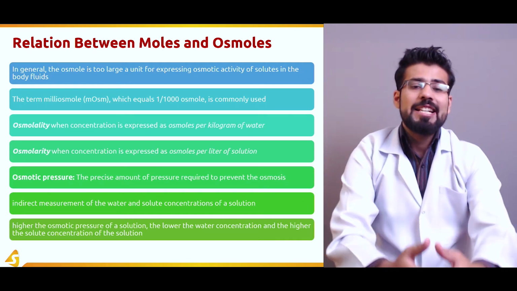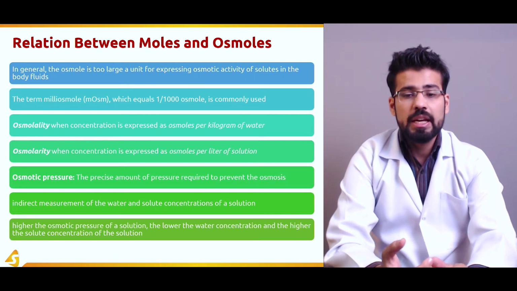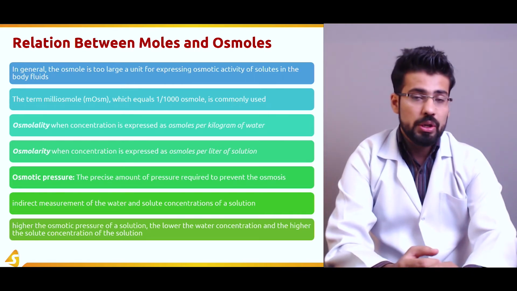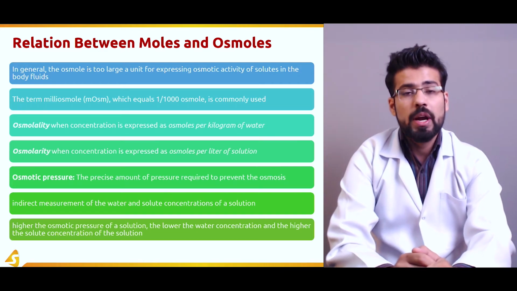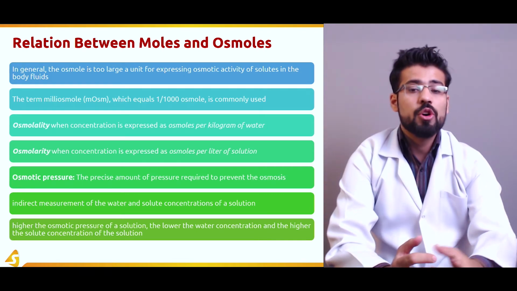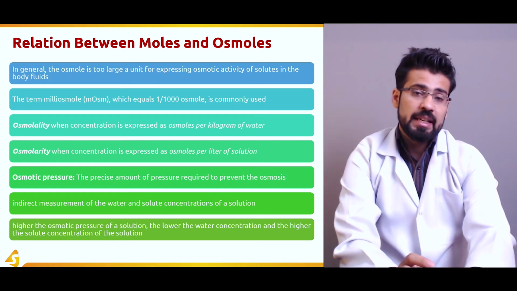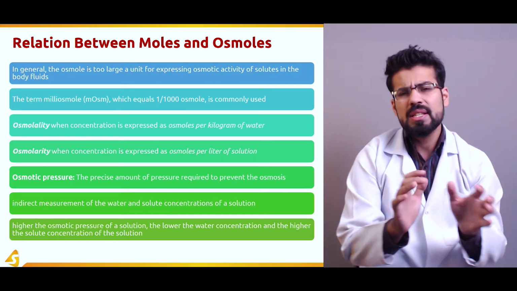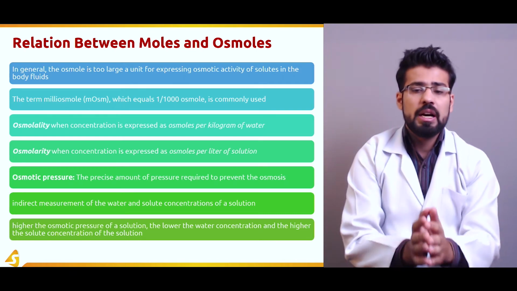Osmolality is when the concentration is measured in osmoles per kg of water. And osmolarity is the term used when you calculate the concentration in osmoles per liter of the solution.